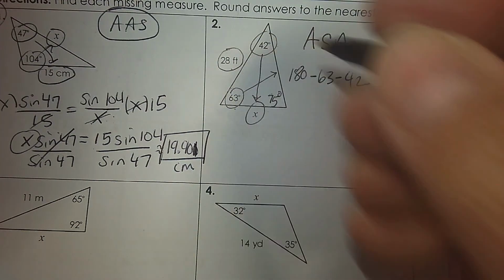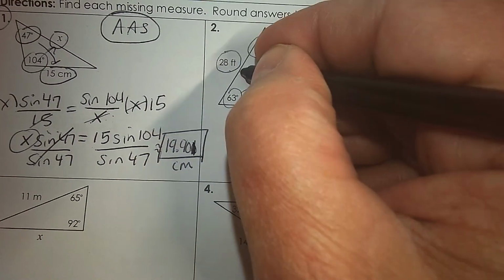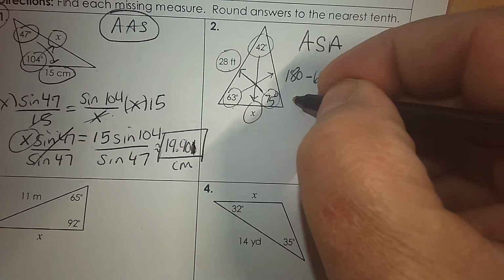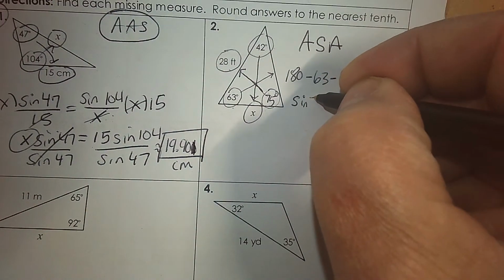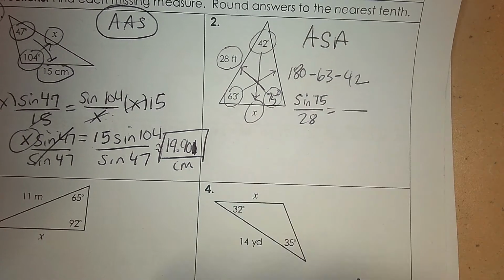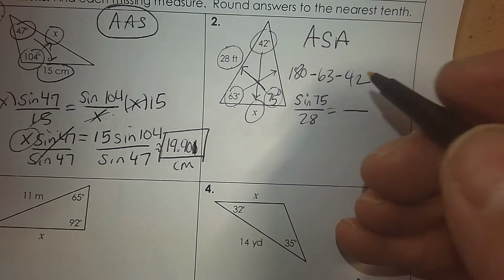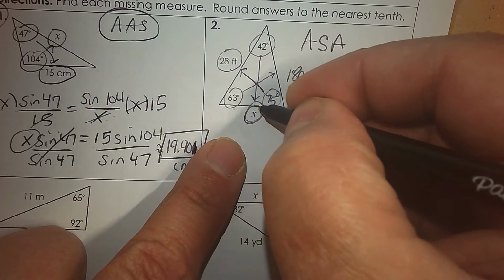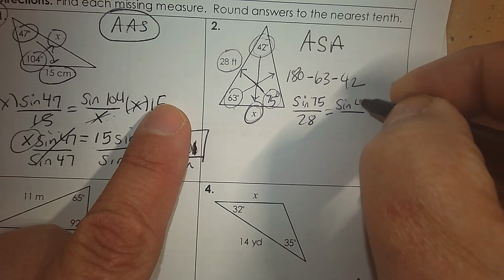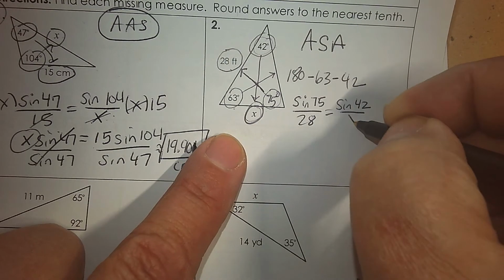Do we now know an angle and its partner, its opposite side? So we're going to write down what we know. We know sine 75 over 28. What am I looking for? I'm looking for the side length for x. So what's its partner? We're going to write down sine 42 over x.